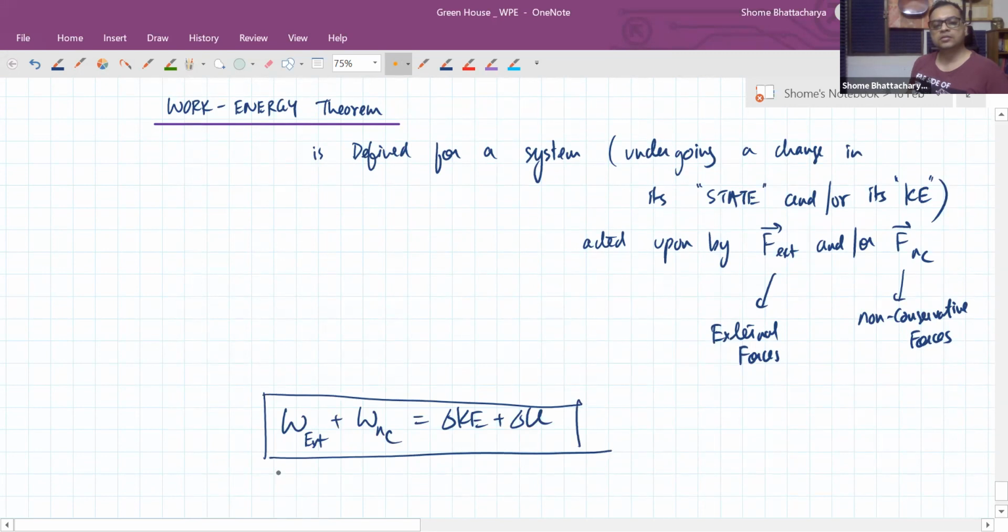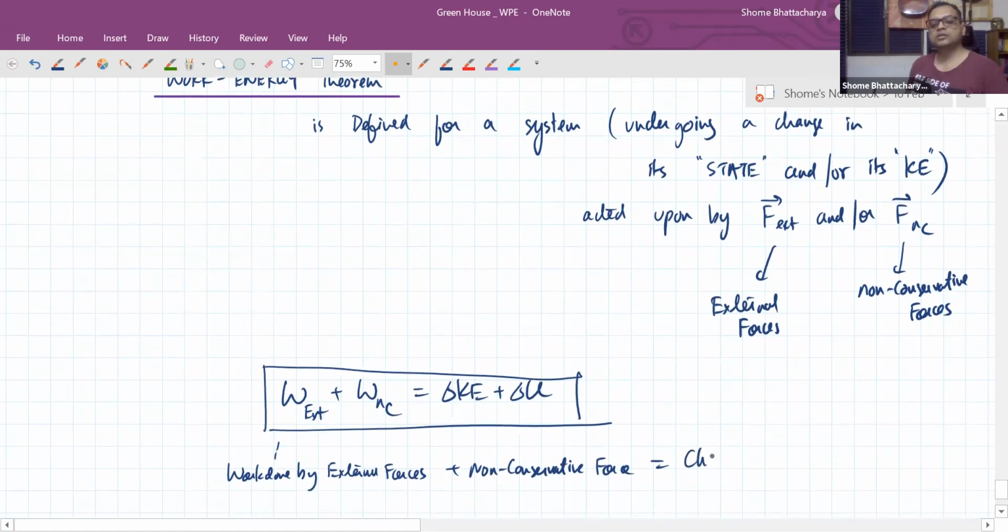The work done by external agent or external forces plus non-conservative forces, if any, this total equals the change in what we call the mechanical energy of the system.